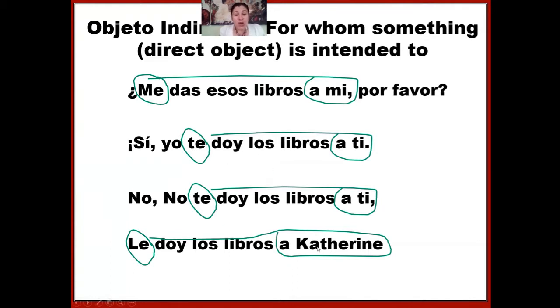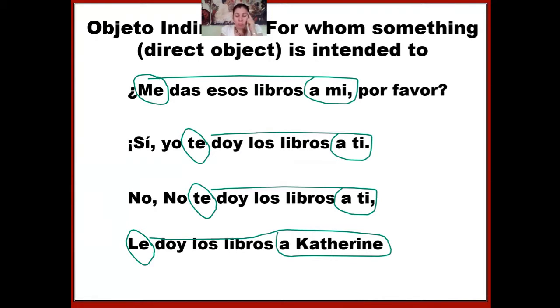But le goes one to three, because le goes with a ella, a él, a usted. So that creates ambiguity, while in me, mí, we have emphasis. In this case, we are trying to avoid ambiguity.